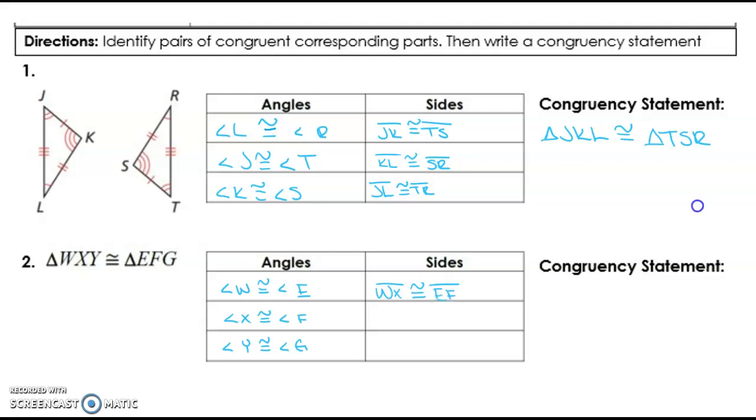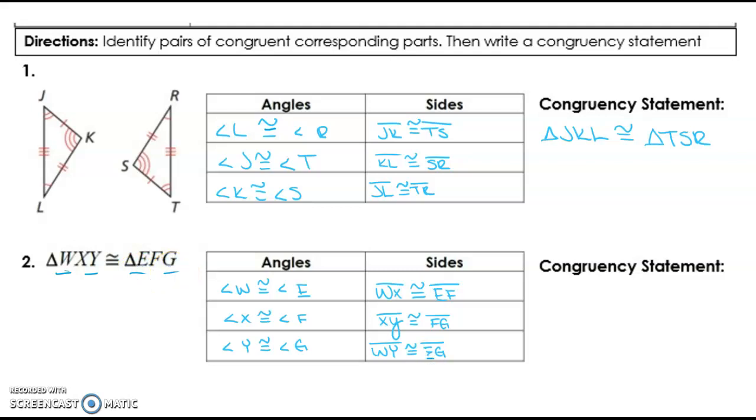Now let's do the sides. First, WX is congruent to EF. And XY right here is congruent to FG, because they're in the same position. And lastly, WY is congruent to EG.